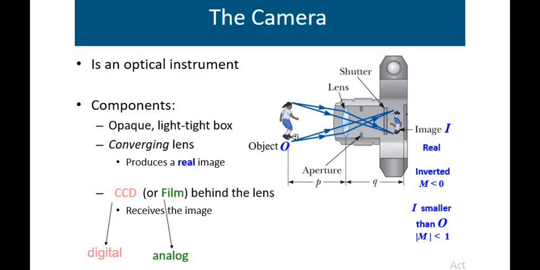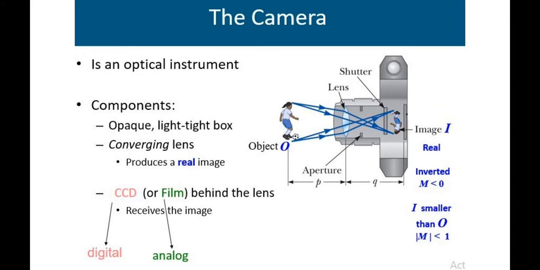So maybe the simplest optical instrument that we know is the camera, a CCD camera, or maybe a film camera. So how does it work? It has lenses. It has one, or actually mostly in more expensive cameras, it has objective lenses, which are compounded, which have not one lens, but maybe 2, 3, or more.